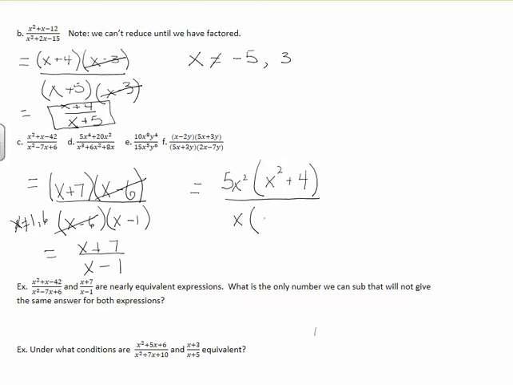So I'm going to be left with x squared plus 6x plus 8. My denominator can still be factored further, so I'm going to do that right here. I'm just going to rewrite my numerator. Now the magic numbers that work on the bottom, and we still leave that x out there, it doesn't disappear, are going to be x plus 4, x plus 2.